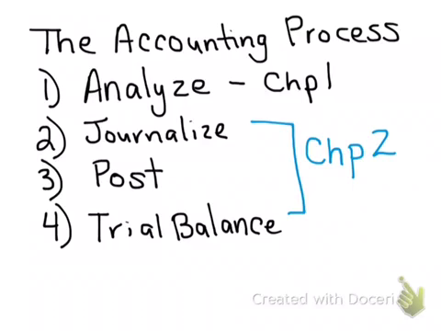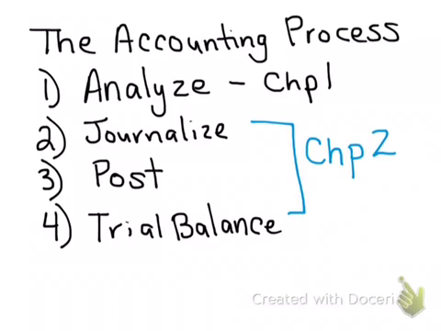The last thing that we look at in chapter 2 is the trial balance, because we actually have to prepare a trial balance. Now, what is a trial balance? Well, a trial balance is where we take the ledger and find out the balance for every account, and then we list out every account and look at whether it's a debit or a credit.